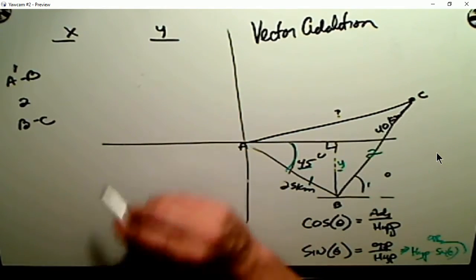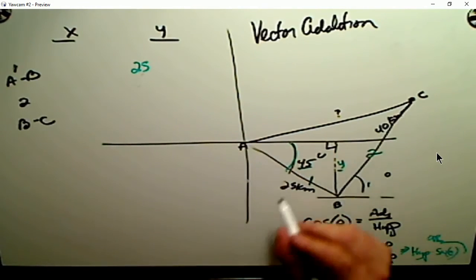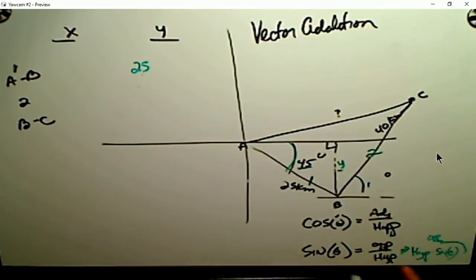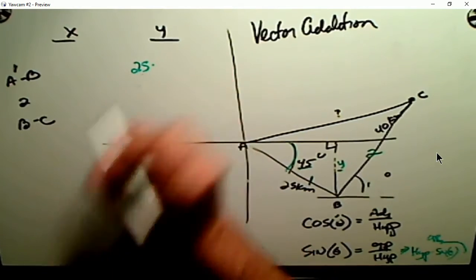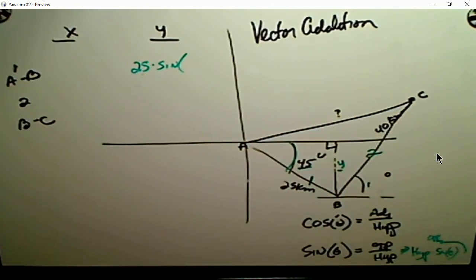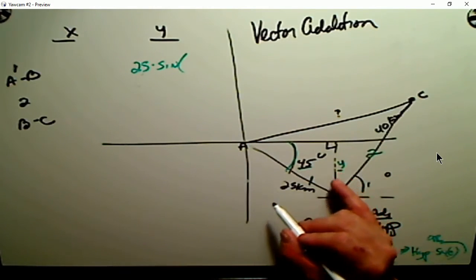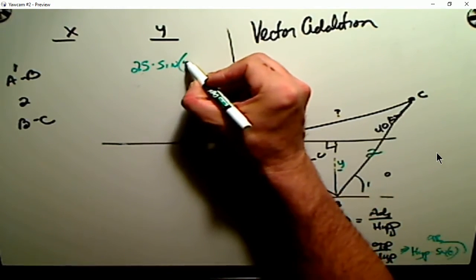So what is this opposite side? This opposite side is 25, right? The hypotenuse, times sine of, in this case, 45 degrees.